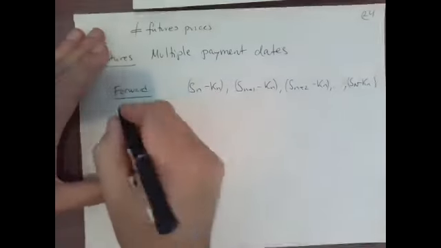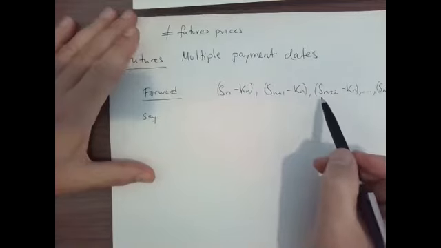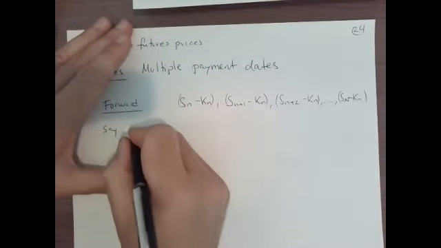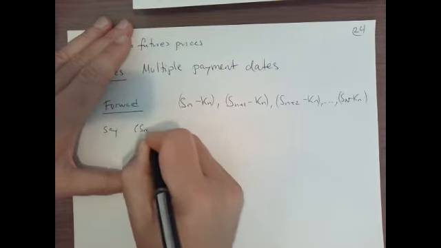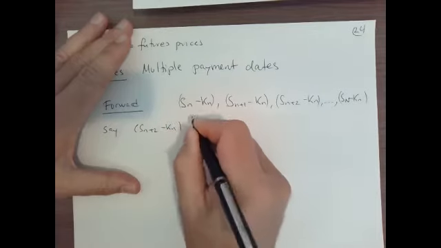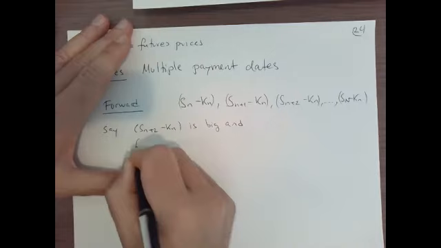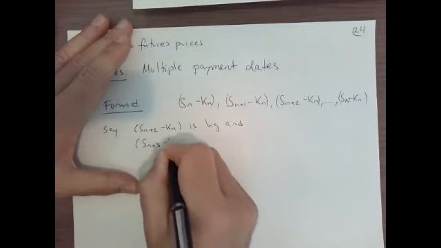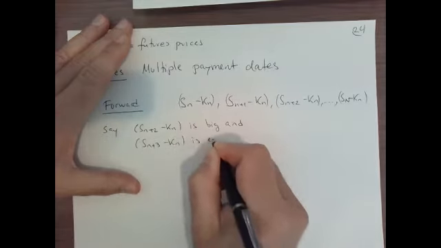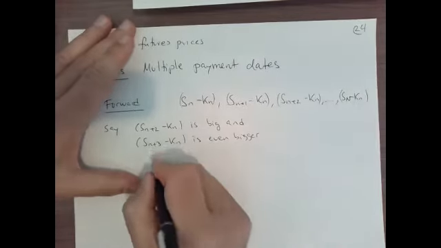Right. So say that Sn plus 2 minus Kn is big, and for example that Sn plus 3 minus Kn is even bigger, right? So and so on.